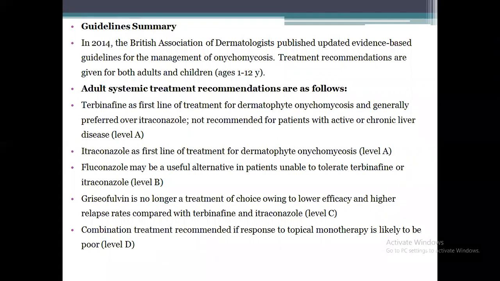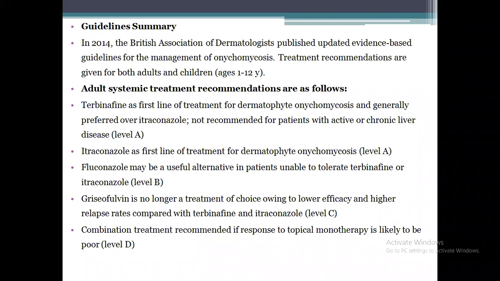Okay, there is a guideline for the treatment of onychomycosis, which was developed by the British Association of Dermatologists in 2014. For adults, systemic treatment recommendations are as follows. Terbinafine as first line of treatment for dermatophyte onychomycosis and generally preferred over itraconazole. Not recommended for patients with active or chronic liver disease.